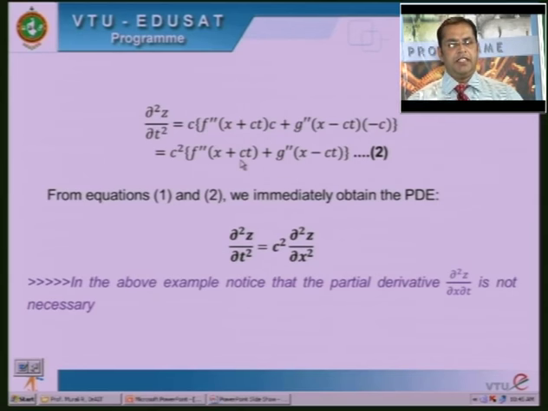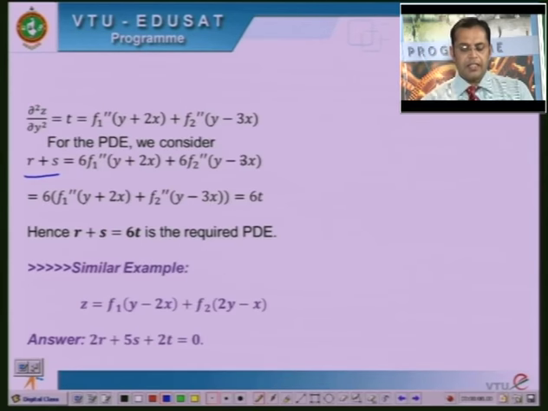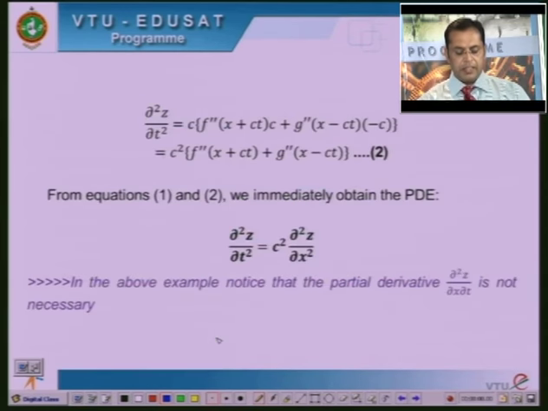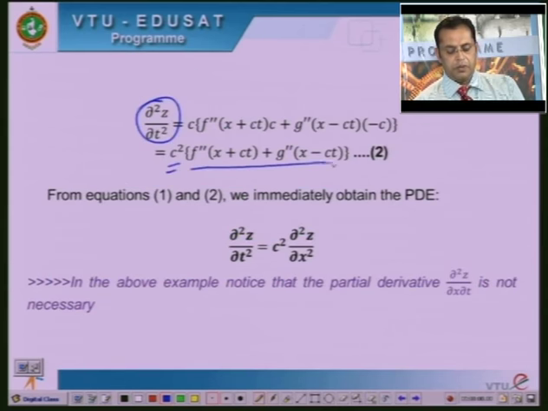But observe that f double dash of x plus ct plus g double dash of x minus ct is nothing but dou square z by dou x square. So that dou square z by dou t square here becomes c square into this expression, which is dou square z by dou x square from equation 1.